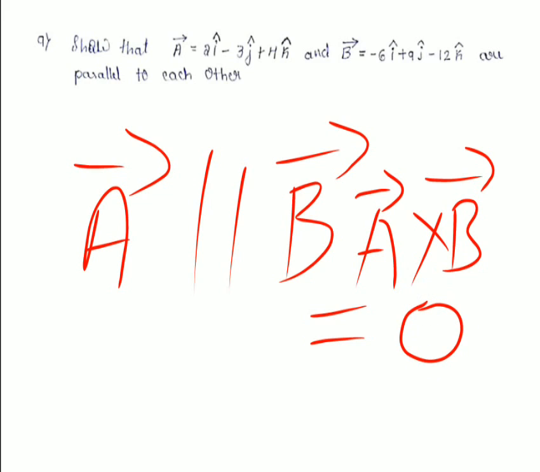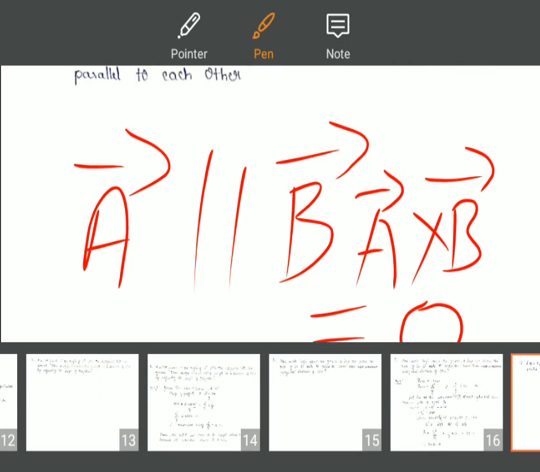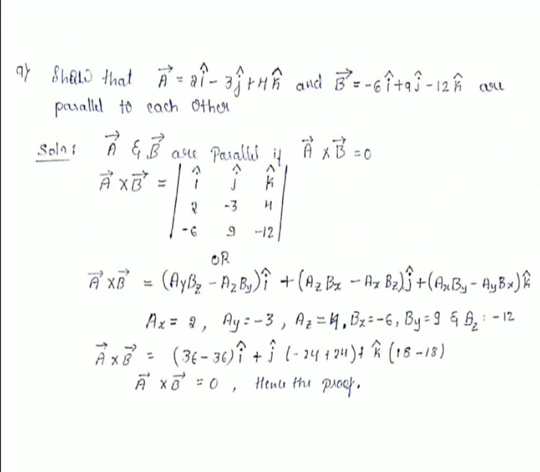We can either use the determinant form or keep on multiplying, simplifying it step by step. So directly I will use the formula. So here, if parallel, A cross B should be equal to 0.